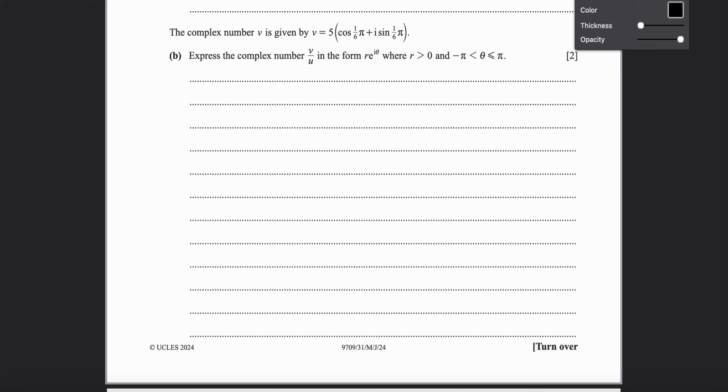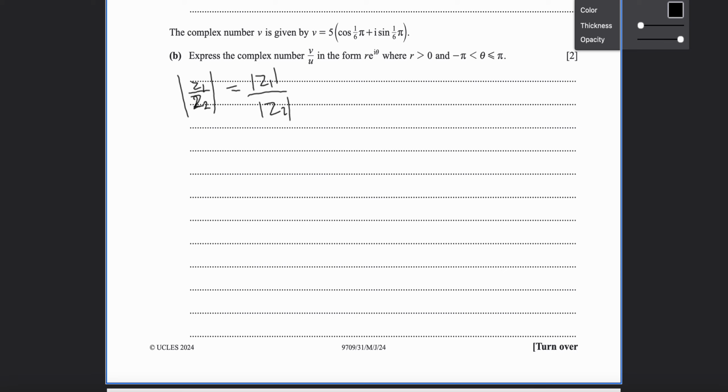So first we need to find the modulus of u over v. In general, if we have two complex numbers z1 and z2, the modulus of z1 divided by z2 is the same as the modulus of z1 divided by the modulus of z2.